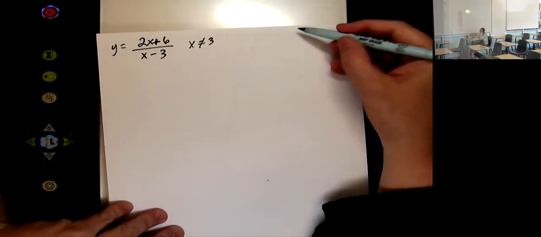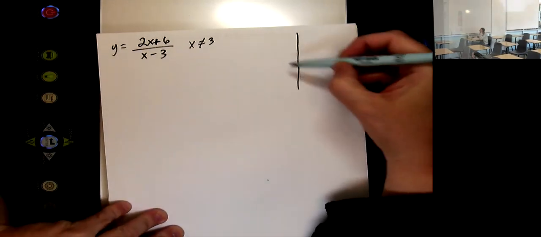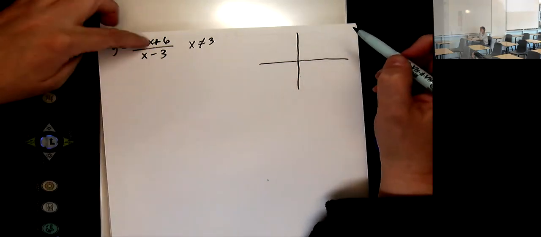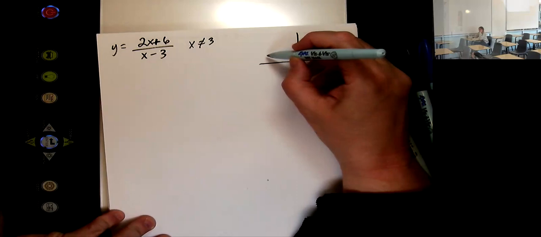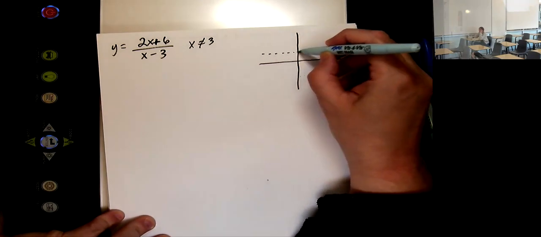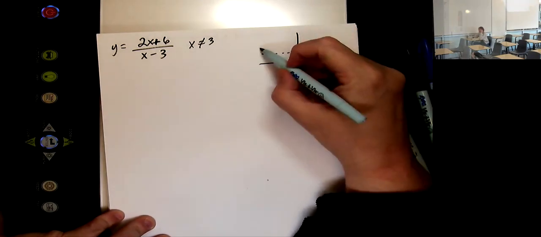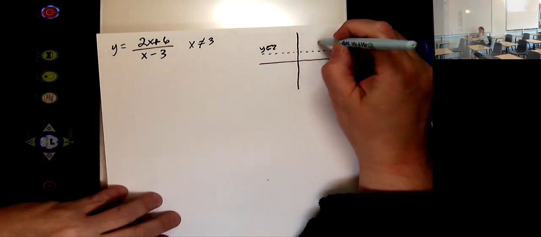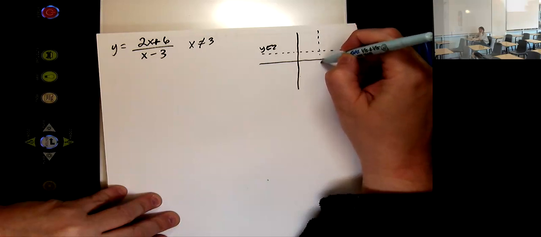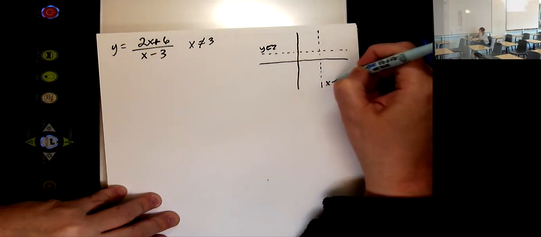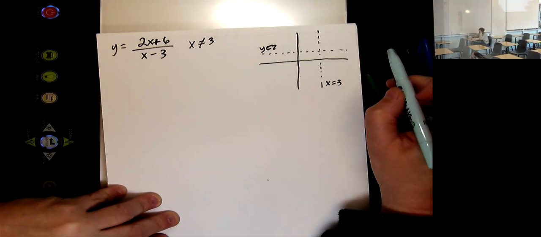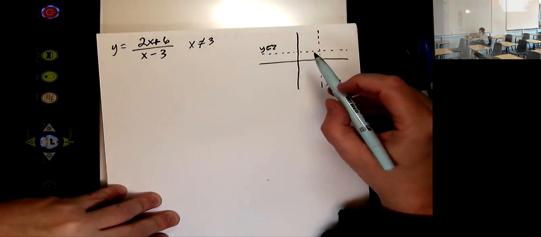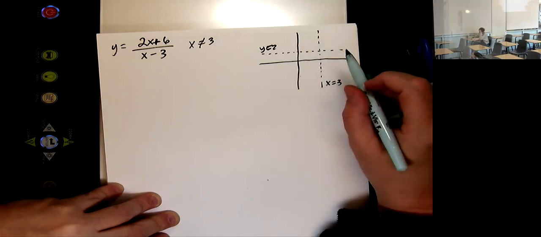If we plotted this, we could see how it looks. They have the same power, so there's a horizontal asymptote at y equals 2. We know we have a vertical asymptote at x equals 3. And the easiest way to really do it is check where 0 lies.